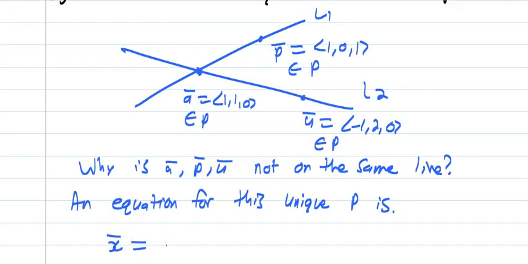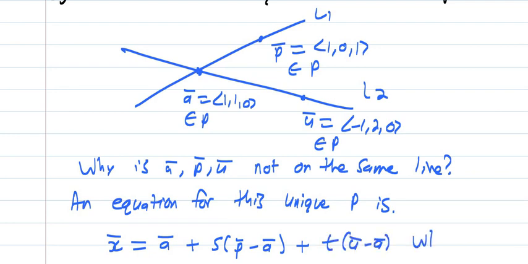There are many forms, but I'm going to take the form point plus a scalar, so let's say S (P minus A), plus another scalar, T (U minus A), where S and T are real numbers.